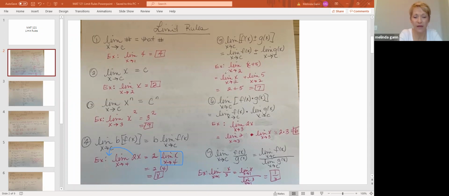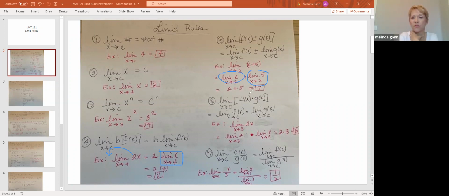And do you understand that this thing right here is just rule number 2, and this thing right here is just rule number 1? The limit of a constant is that constant. So 2 plus 5 would give me 7. It would work if it was a minus. I could separate them. So the limit of a sum is the sum of the limits. The same thing works with minus, with the difference.